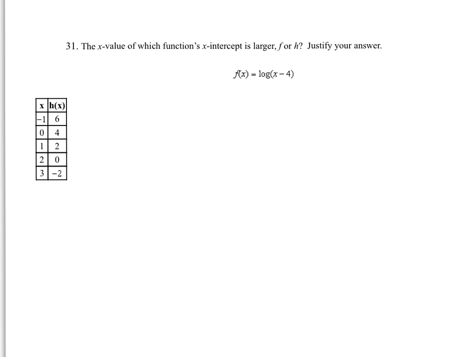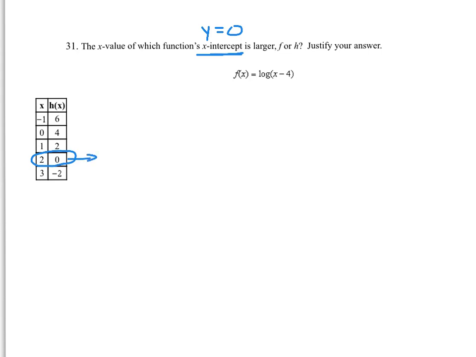Alrighty, so they want to know the x value of which function's x-intercept is larger. So remember, an x-intercept is where the y value is equal to 0. So if we look at the chart, which represents h of x, we can see that the y value is 0 when x is equal to 2, right?